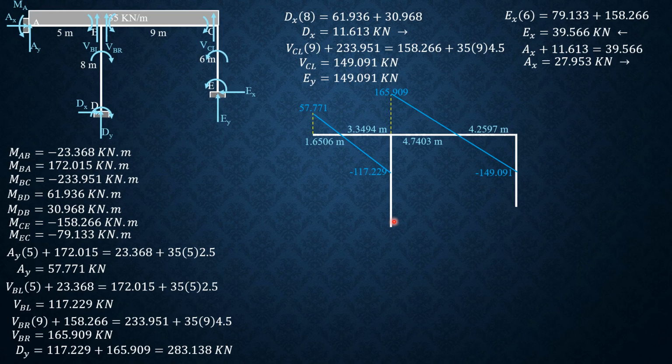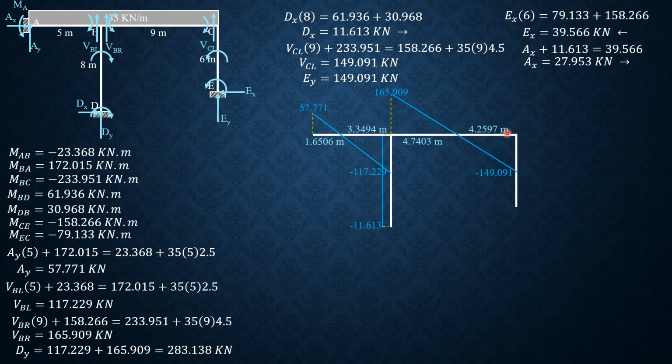Now in this portion, because this is the top fiber, the shear here is going to the left, and it is equal to 11.613 treated negative, because this is the top fiber. And for this portion here, this is the left, this is the right, because the top fiber is here.